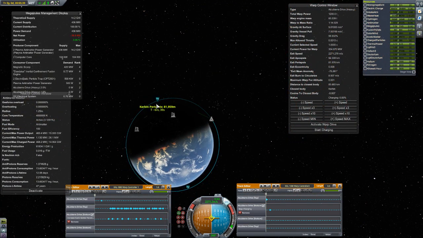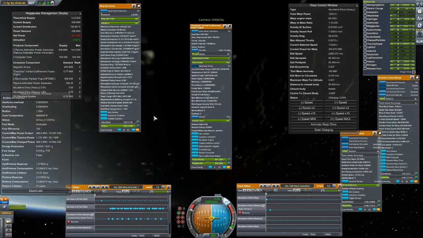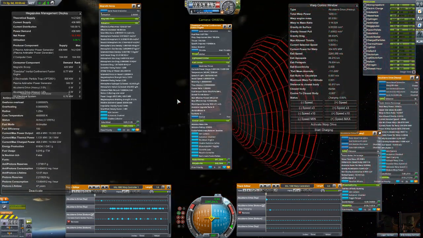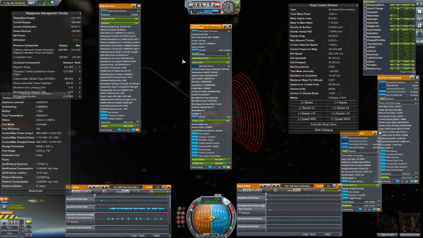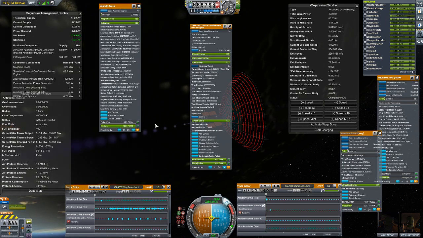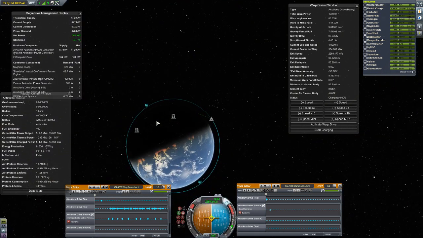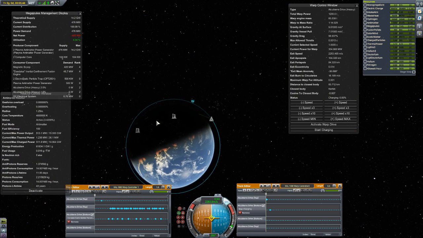And we're sinking again. A little bit of ionization is extremely powerful. There's a lot of drag going on here. So let's try full power. Alright, full power seems to do it. Barely.